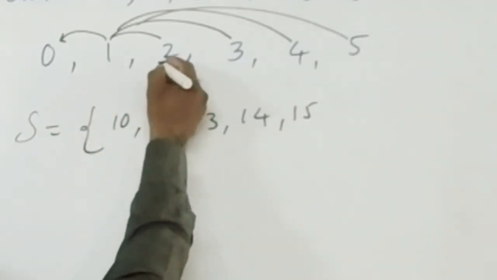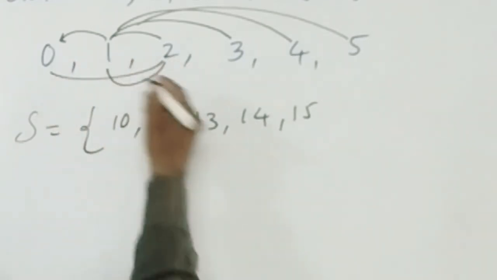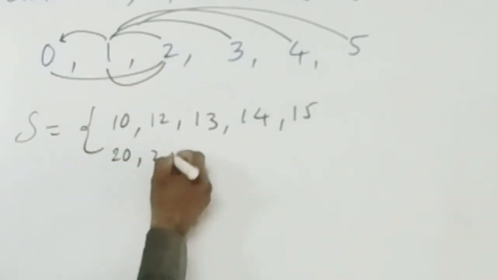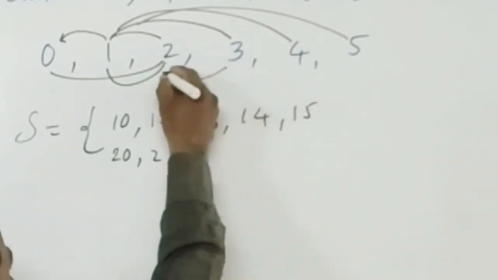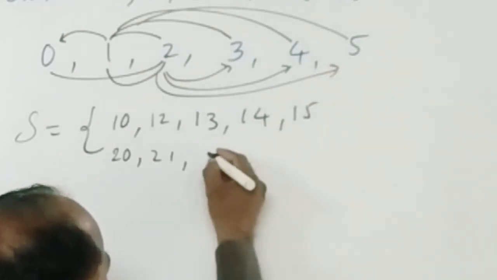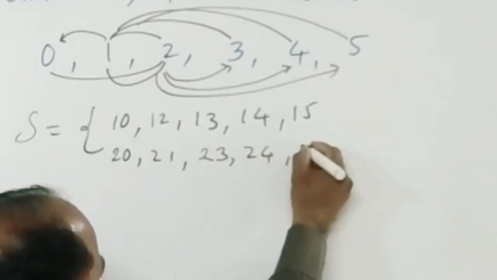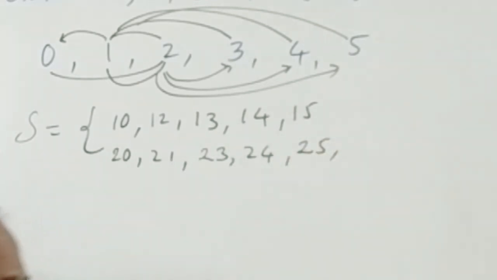Now similarly 2. Now 2 will go with all: 20, 21, 23, 24 and 25.